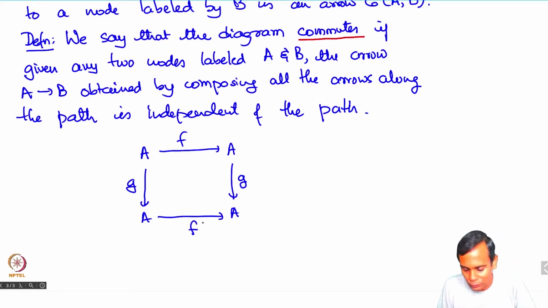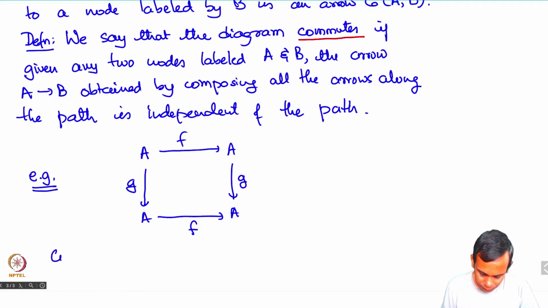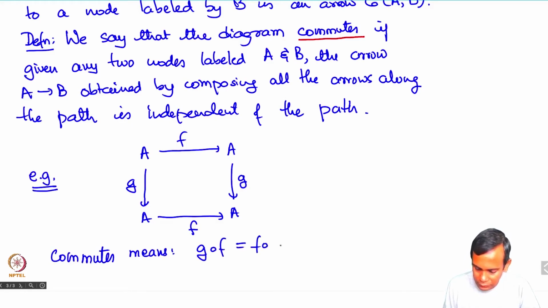So if these are all arrows, then this diagram commuting means that G circle F is equal to F circle G. So the arrows F and G, which are both arrows from A to A, they commute.